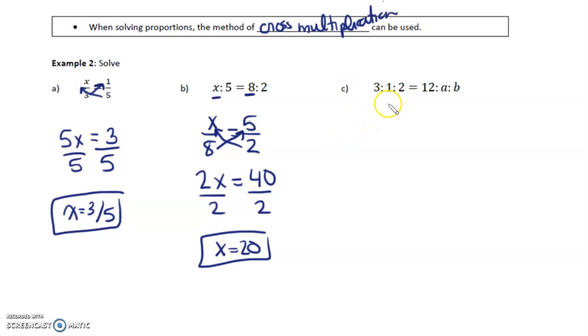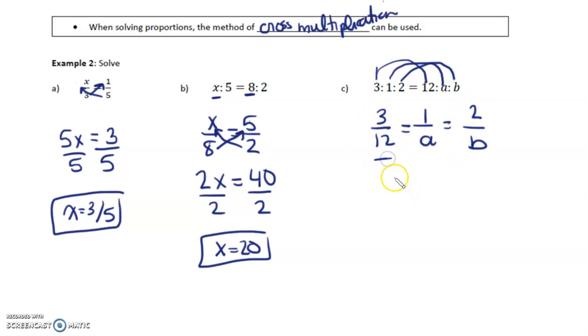Okay, now we're looking at a ratio with 3 digits. So 3 to 1 to 2 equals 12 to A to B. Now, we're going to put the 3 and the 12 over top of each other, and that's going to be the same ratio as 1 over A and 2 over B. Now we have a full ratio here, so we're going to use the first two.